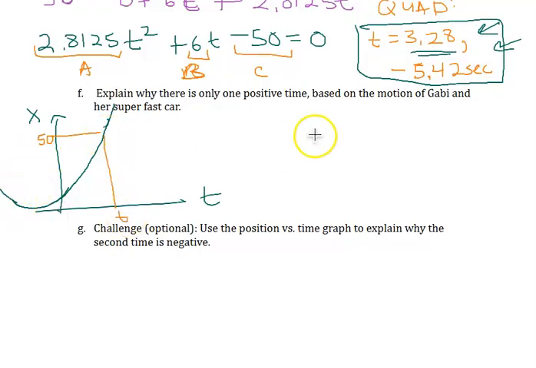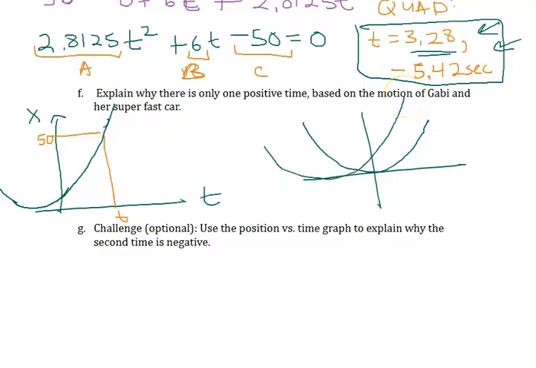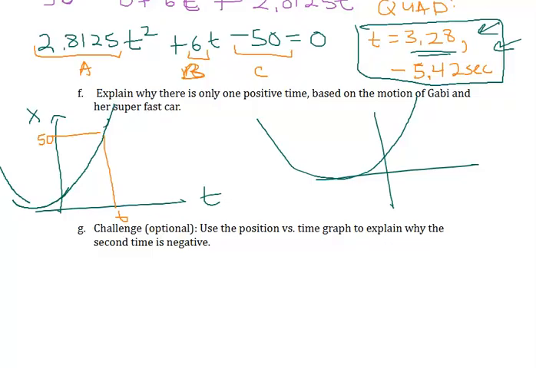The other time you can't see it on the parabola. Oops, the vertex isn't there. Okay, so she's at 50 one positive time and one negative time.